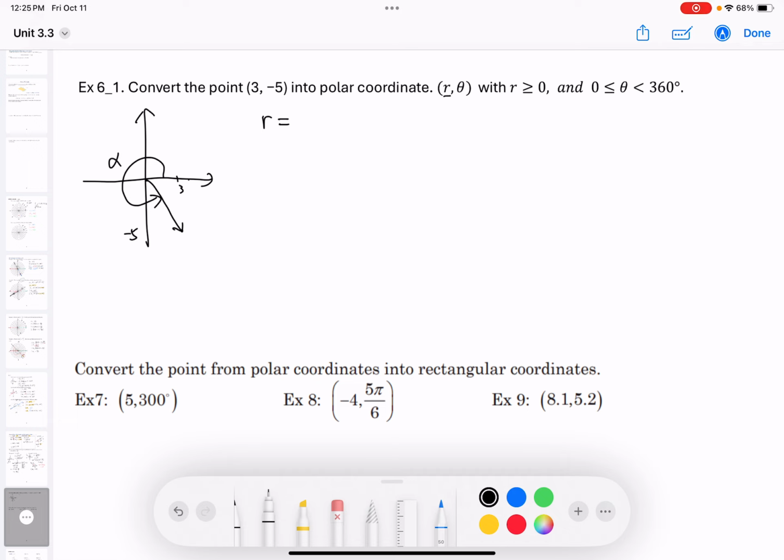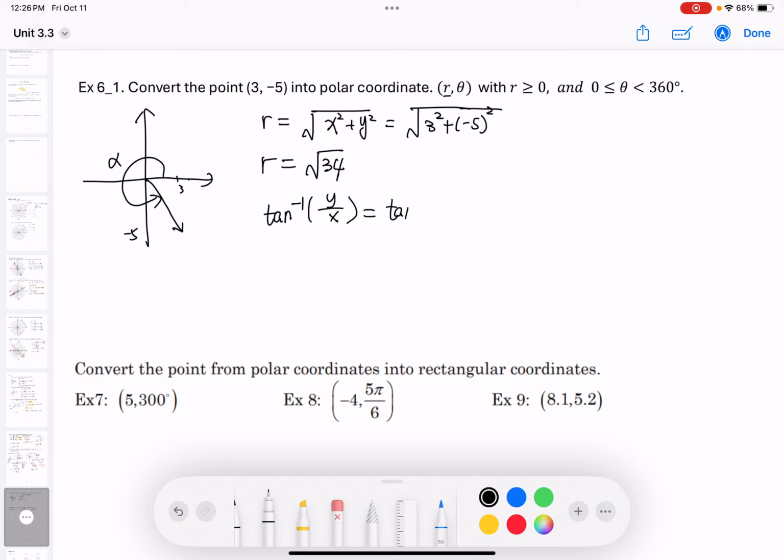So r is equal to the square root of x squared plus y squared, which is the square root of 3 squared plus negative 5 squared. It is 9 plus 25, which is 34, square root of 34. The next step is finding the inverse of tangent of y over x, which is inverse tangent of negative 5 over 3.